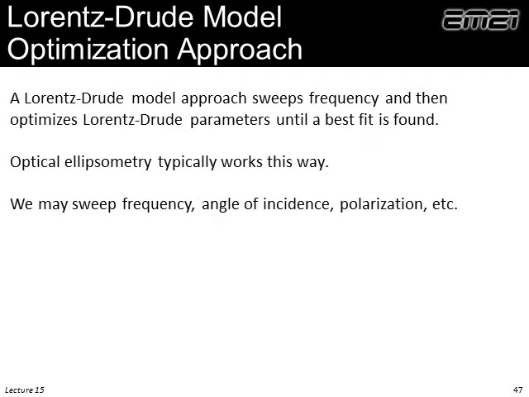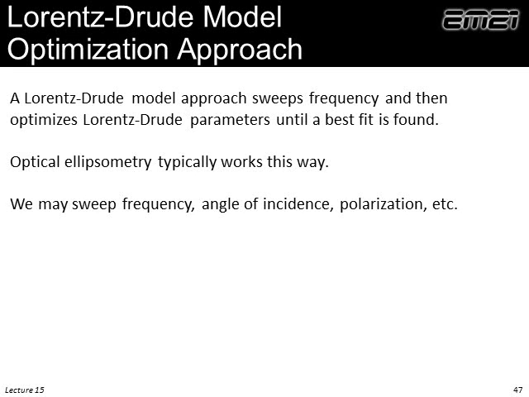Where this is done a lot is in ellipsometry, and essentially we shine a frequency on some engineered material and we look at what gets reflected and or transmitted, and we sweep either frequency or angle or polarization or all of the above. Then we use something like a Lorentz-Drude model.